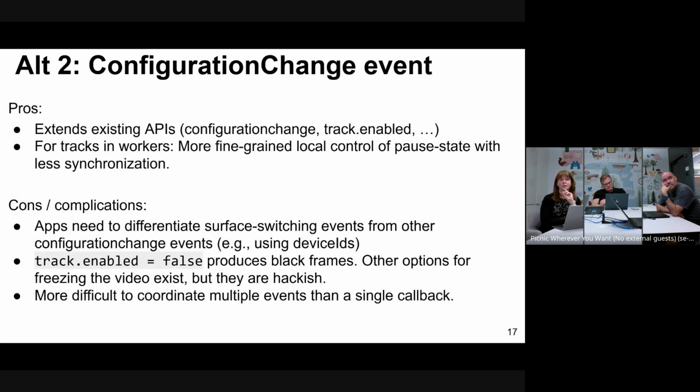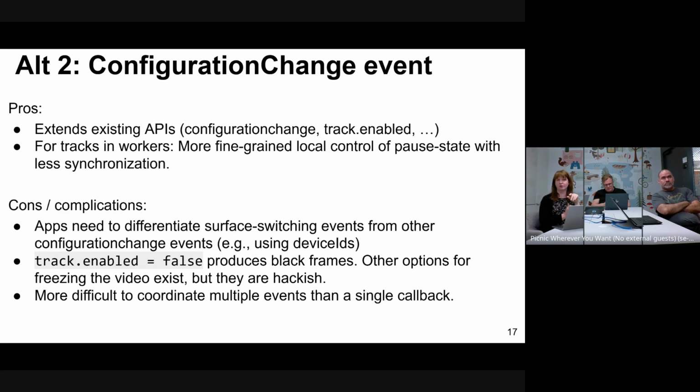I think one pro of this is that it extends existing APIs rather than coming up with some new concepts. It also has a bit more fine-grained control of the pause state for specific tracks when they are spread across different threads.